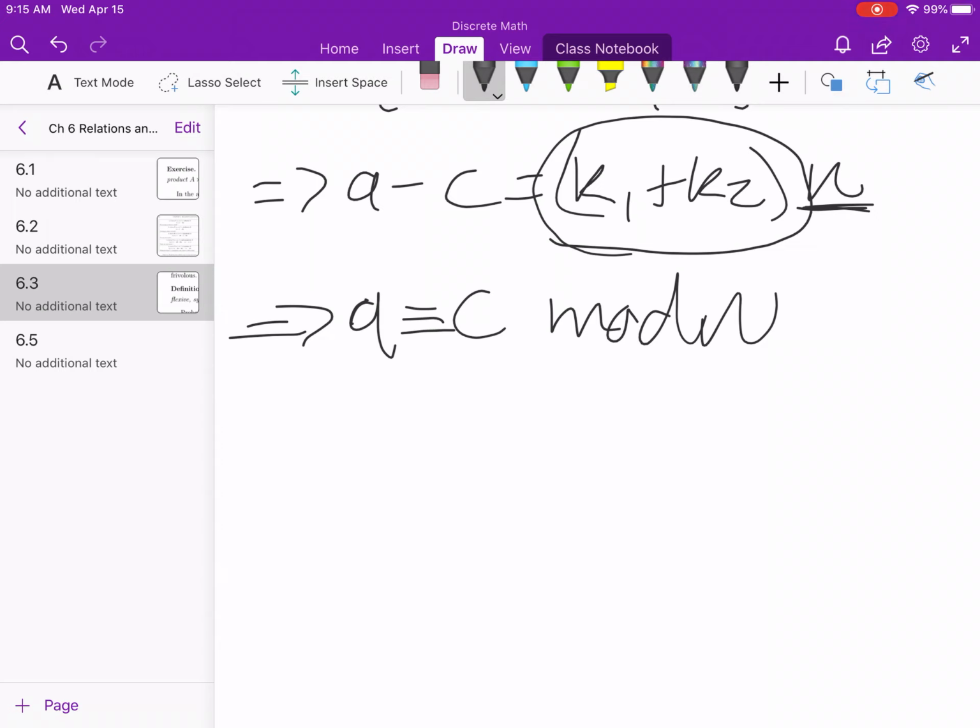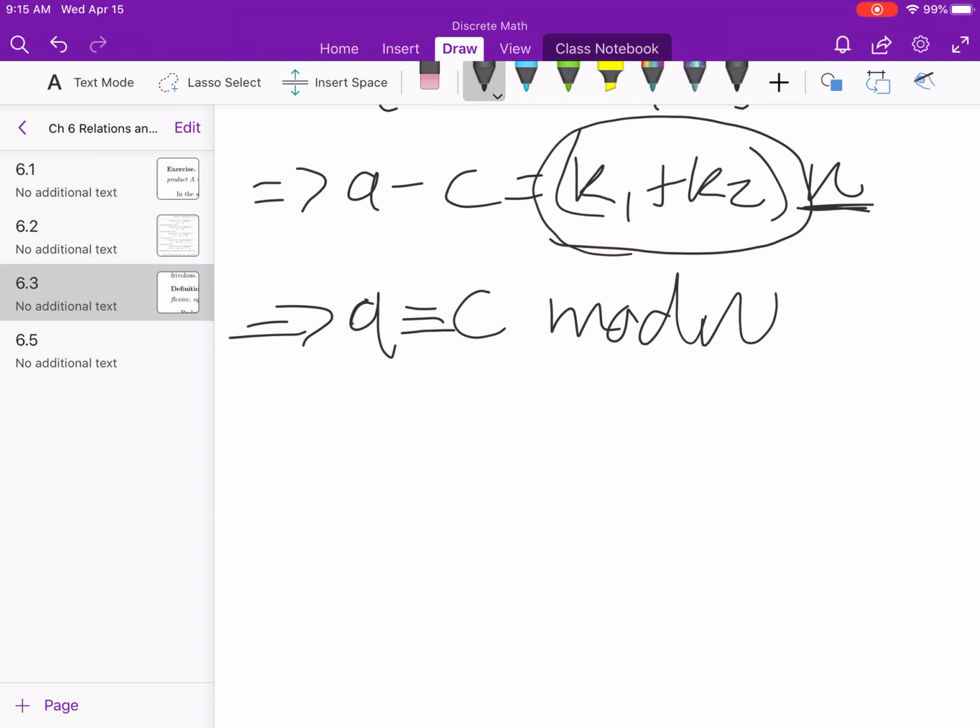And this is really important. One thing that's kind of nice is that the equivalence mod n creates these things called equivalence classes.